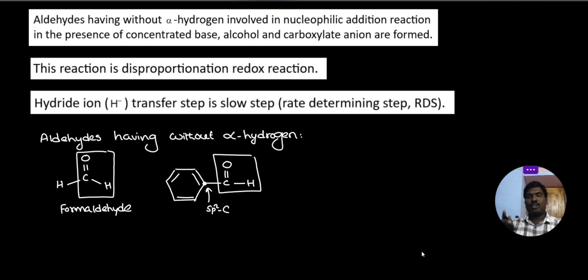Always, the carbon adjacent to the functional group, if it is an sp3 carbon, is called the alpha carbon. In this molecule there is no sp3 carbon, which means there is no alpha carbon. Clear? So benzaldehyde has no alpha carbon.